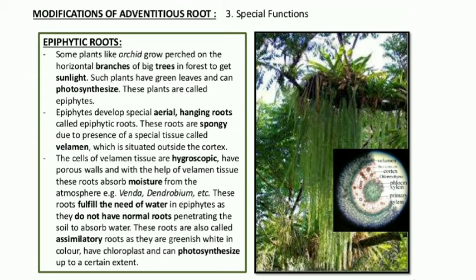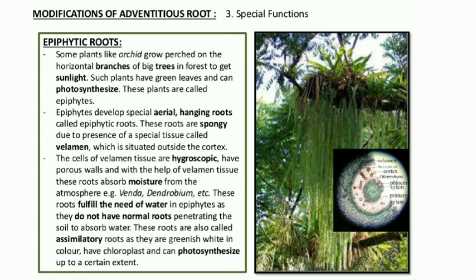The cells of this velamen are hygroscopic. Hygro means water, scopic means moisture, means they absorb moisture from the atmosphere. Since they absorb moisture from the atmosphere, they convert moisture into water so that they can grow easily.